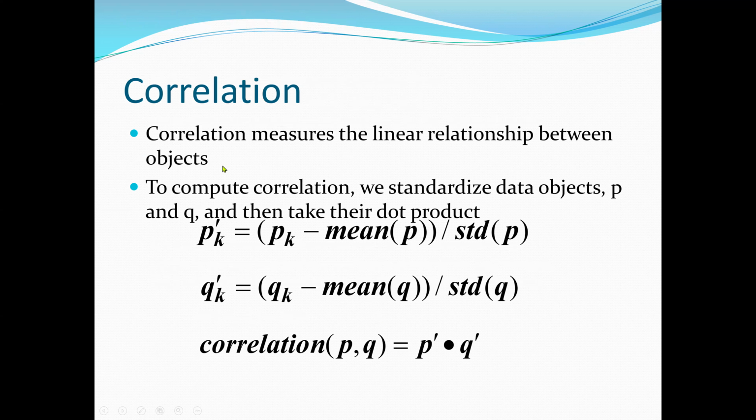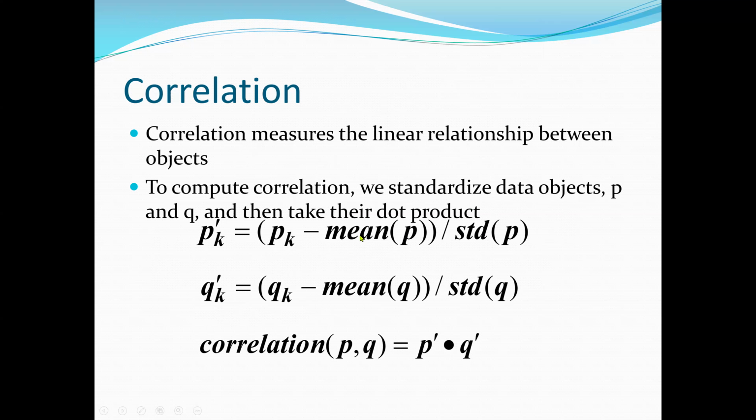We can also find a correlation, which measures the linear relationship between objects. To compute a correlation, we standardize our data objects P and Q, then take their dot product. The formula is given here.